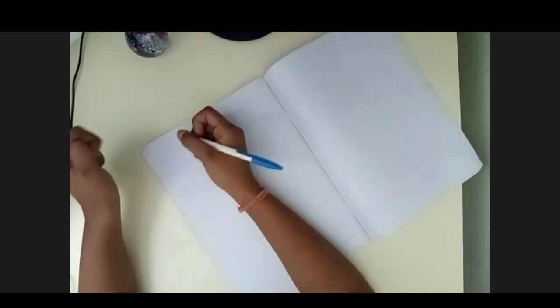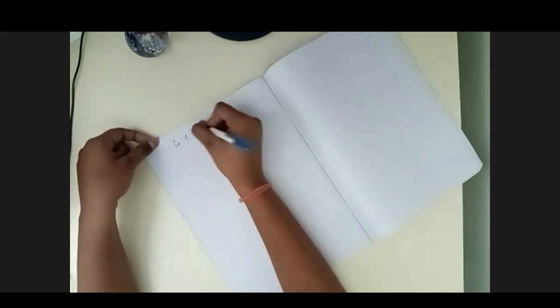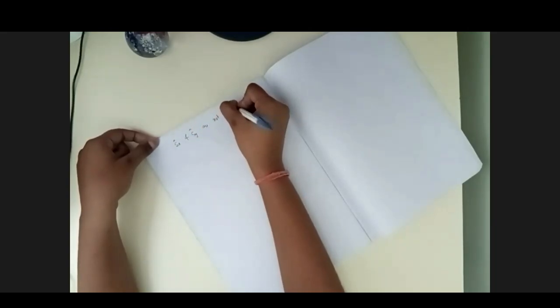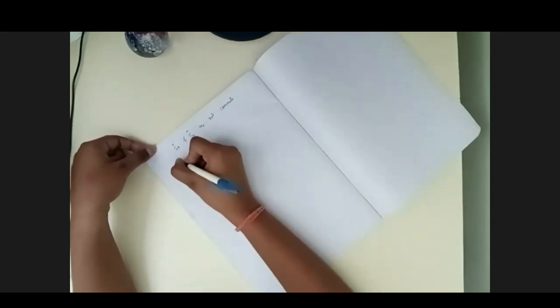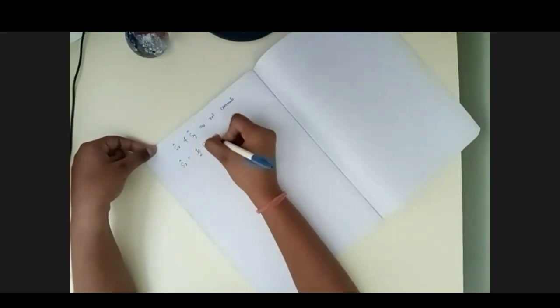So now we are going to show that Sx and Sy do not commute. So what is Sx? It is h-bar by 2 times the matrix [0, 1; 1, 0].